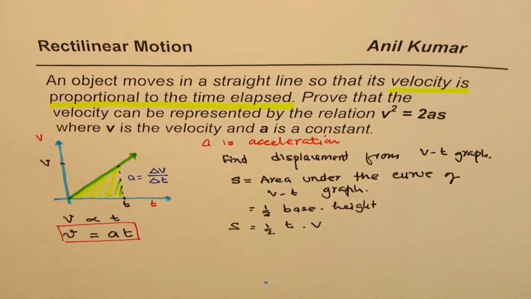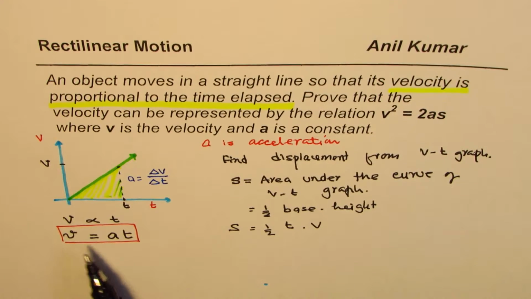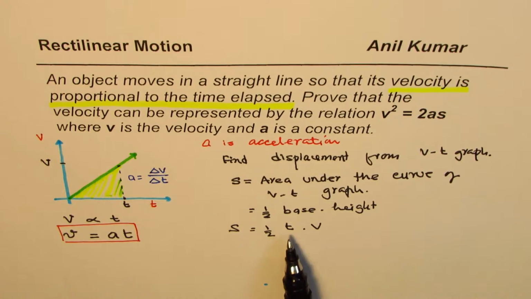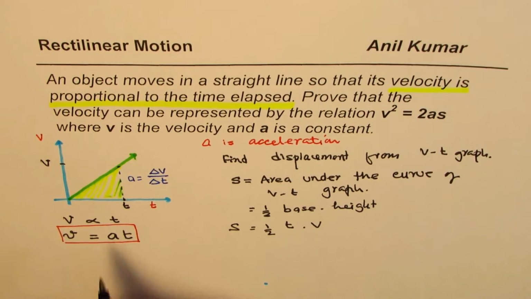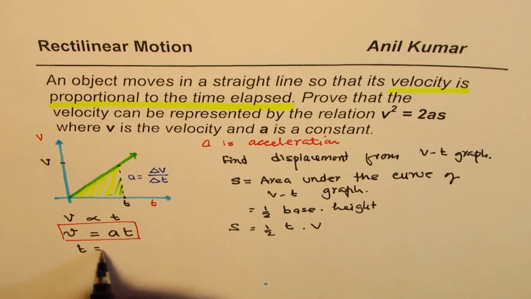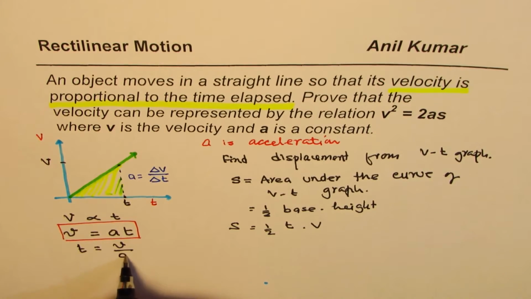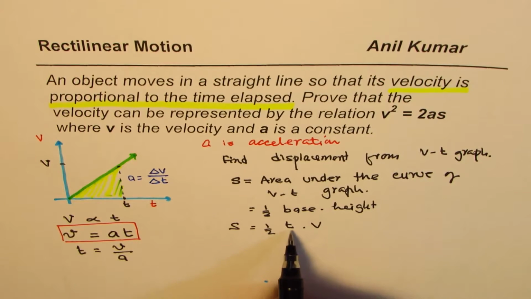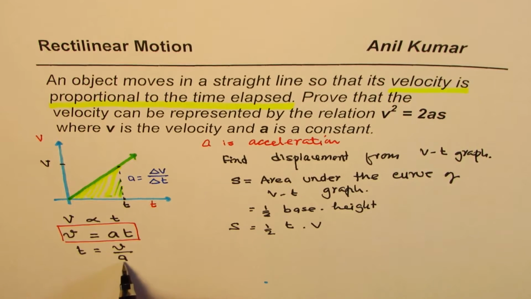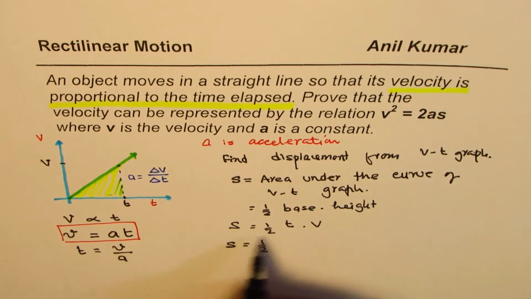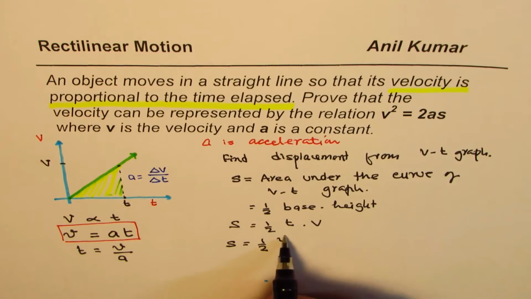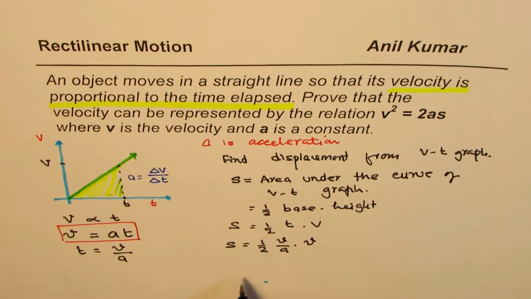Right? Now from here we know that velocity is a times t, right? So we basically need to take away this t from the equation to derive v squared. So from this relation, I can write what t is. t can be related with velocity over acceleration. If I replace that t by velocity over acceleration, what do I get? I get s equals half, writing t as velocity over acceleration, times v.